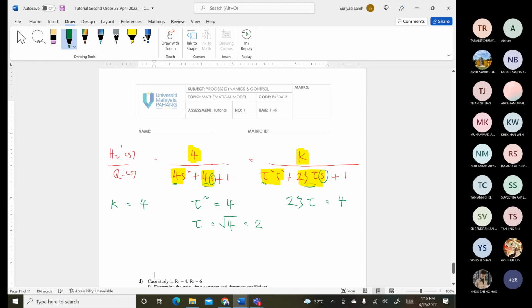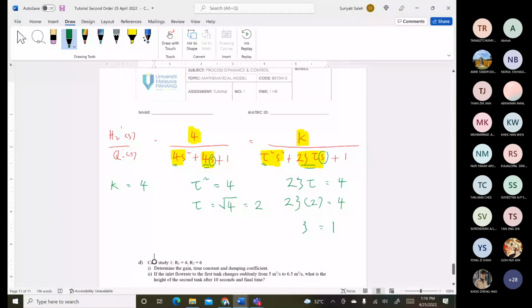So for this part, we know that tau is equal to 2. 2 psi, this one is 2, equals 4. So the damping equals 1. So in this case, this is the value of your gain, time constant, and the damping coefficient.